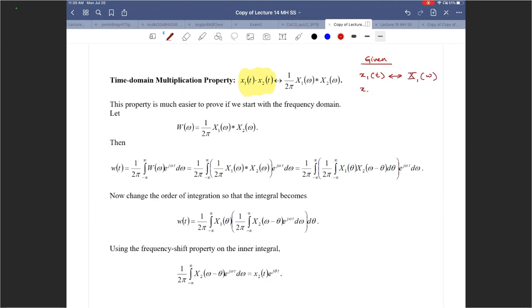And you're also given that the Fourier transform of x2 of t is cap x2 of omega. Then the time domain multiplication property says that if you multiply these two signals in time, then you have a factor 1 divided by 2 pi, which wasn't there, by the way, in the time domain convolution property. And then you convolve their individual Fourier transforms.